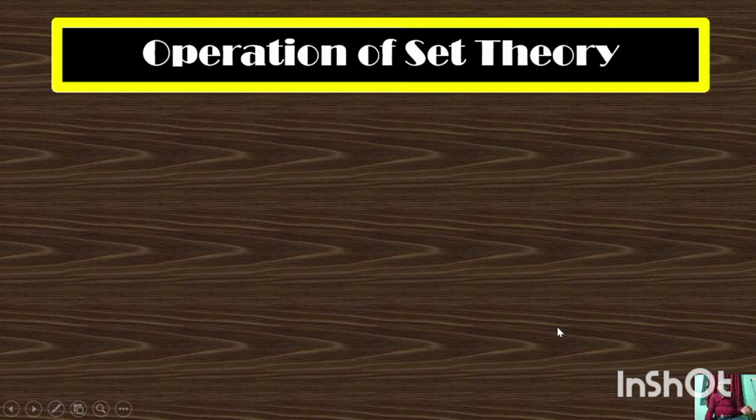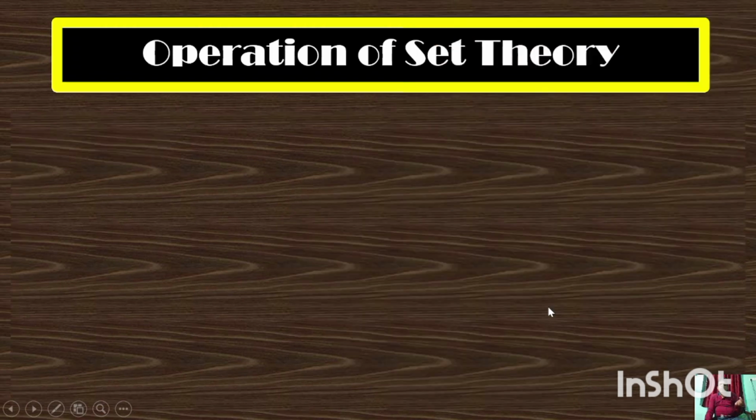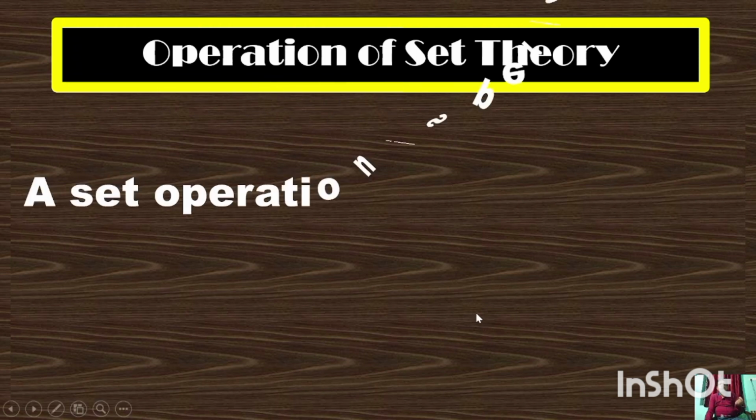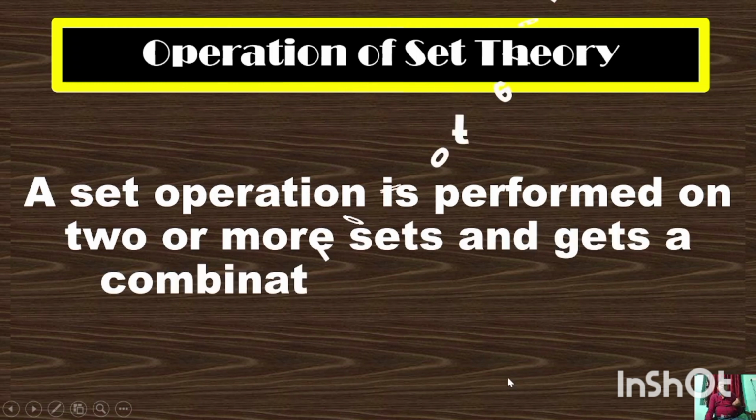As you know, algebraic operations are the addition, subtraction, multiplication and division of numerical expressions and algebraic statements. Similarly, the set operation is a combination of two or more sets in order to form a new set.